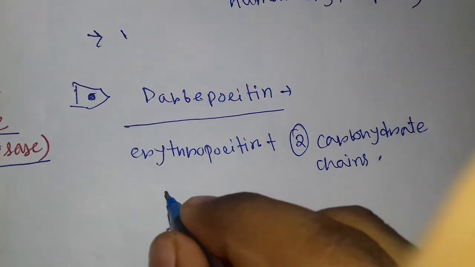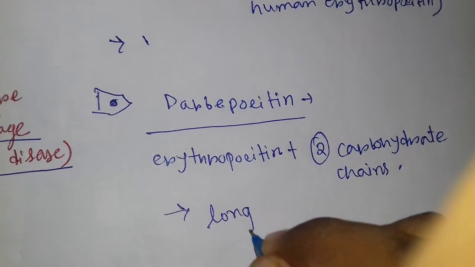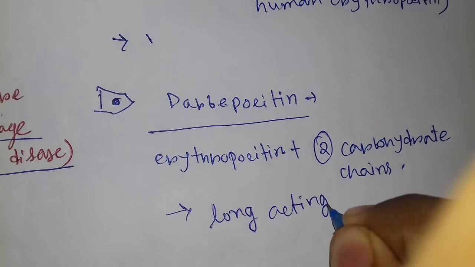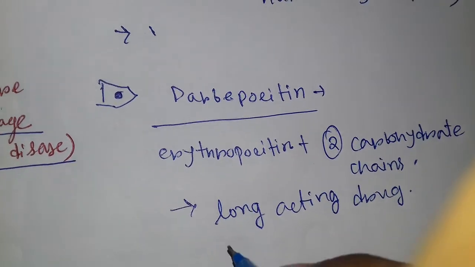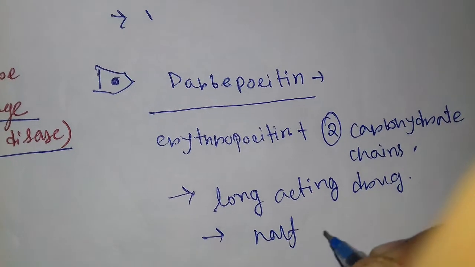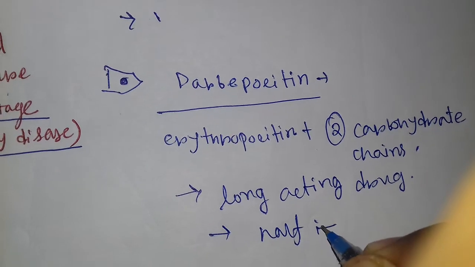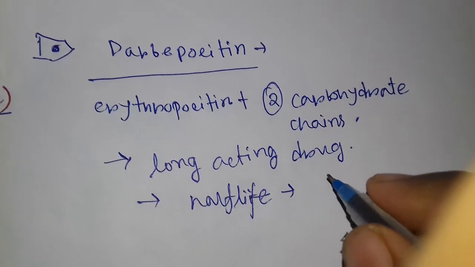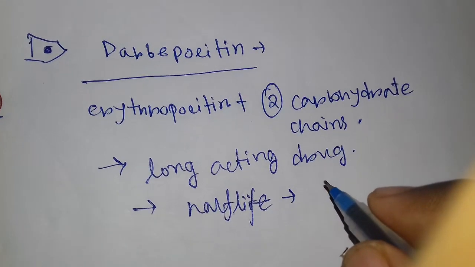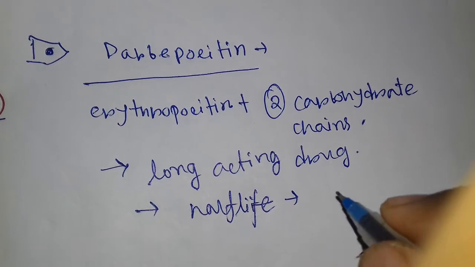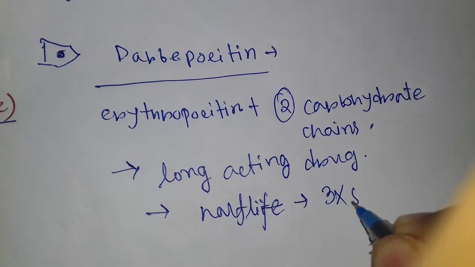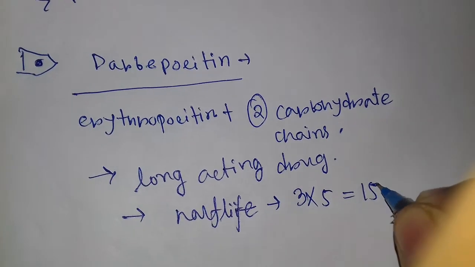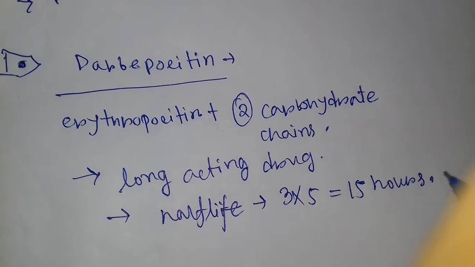These carbohydrate chains make it a long-acting drug, and its half-life is around 3 times more than the actual erythropoietin, that is around 15 hours.